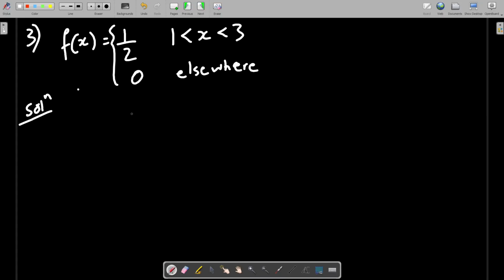Show that area under the curve is equal to 1. So basically what I have to do is show that the area under the curve is equal to 1. Okay. So let me start now.